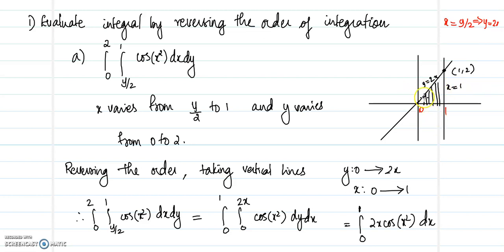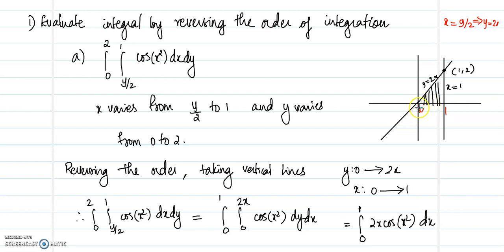Now for reversing the order, first we need to integrate with respect to y and then with respect to x. So for integrating first with respect to y, we need to find the limits of integration with respect to y. For that, we will take vertical lines. The line will intersect the region above at y equal to 2x and below at y equal to 0.